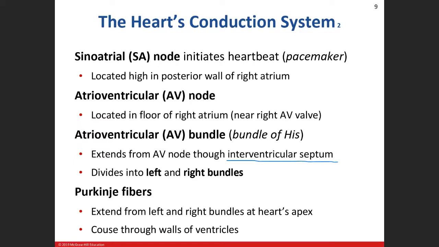If you've ever heard of a bundle branch block, that can occur when one of those branches has been destroyed or is malfunctioning. One of the ways to help diagnose that is through the ECG. Eventually when we get down to the apex of the heart, we have our Purkinje fibers, and those pretty much go up the ventricular walls.